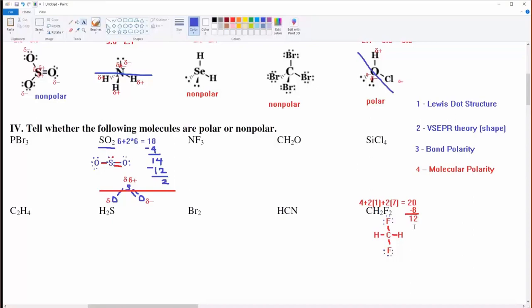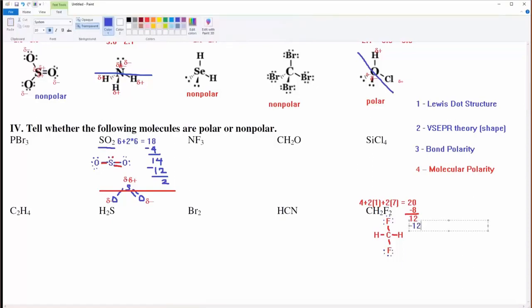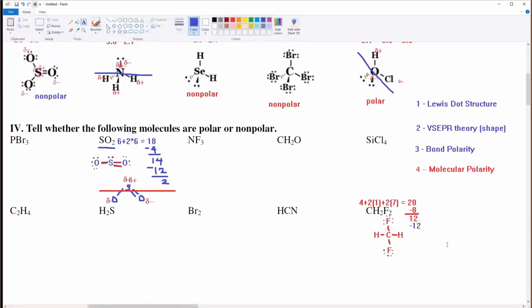Yeah, if I evaluate the structure, I've just used up 12 more electrons. Everybody's happy, I don't need lone pairs, so my Lewis dot structure is great. So I move on to the VSEPR theory, and I've got 4 electron sets because I have 4 single bonds. That gives me a tetrahedral shape.